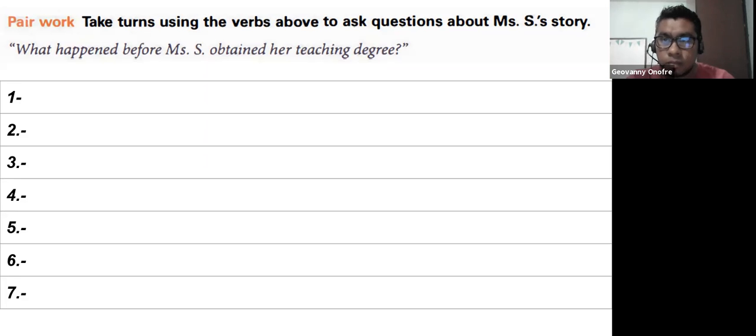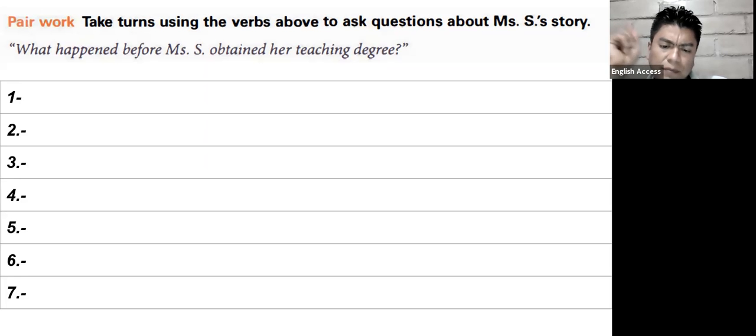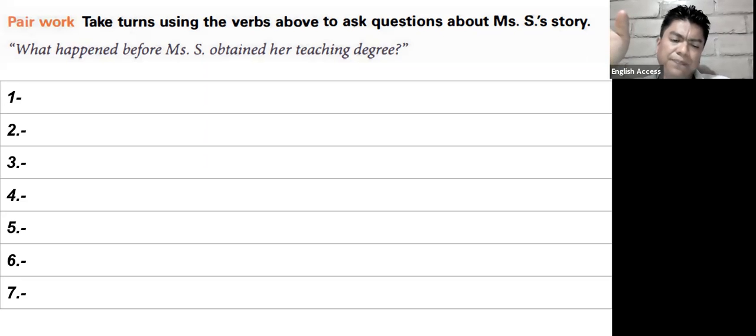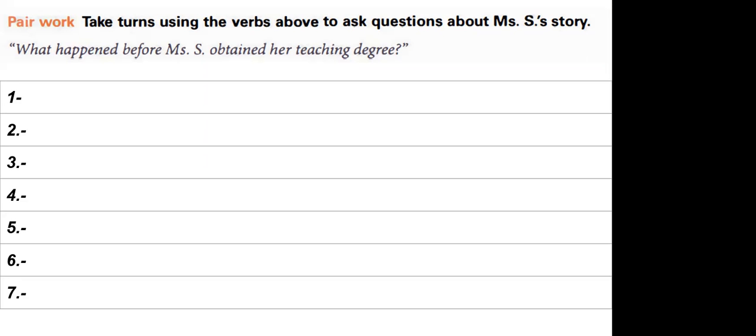Okay. Number 4, the auxiliary verb is in the incorrect position. And it's not about Miss S's story, but the question is good, okay, but you need to fix the position of the auxiliary. The auxiliary, which one?